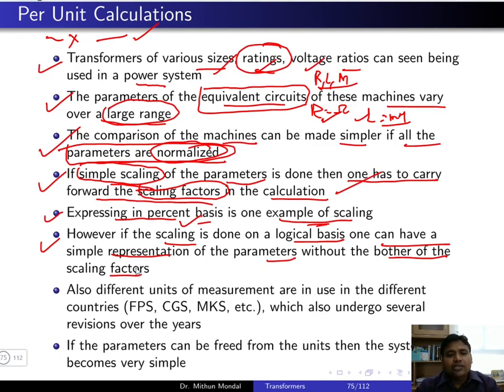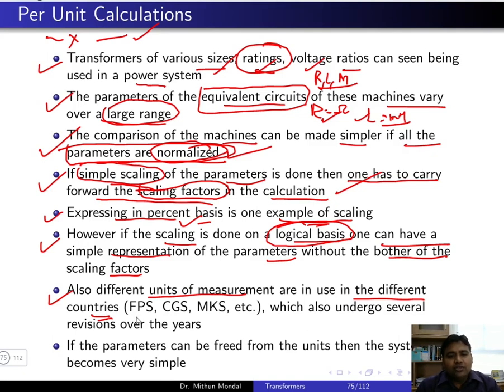So we try to obtain a normalization in such a way that the scaling factor need not be carried forward. Moreover, there should be some logical basis over which this scaling needs to be done. Different units of measurement are used in different countries. So if we see different countries, the unit of measurement may vary.